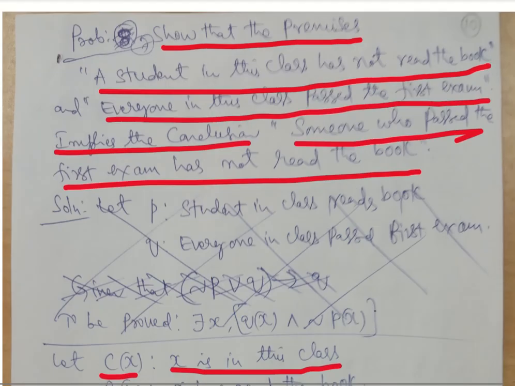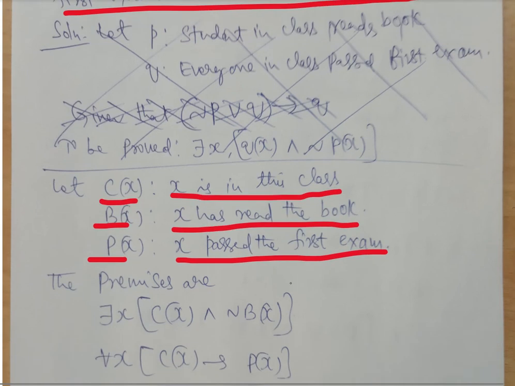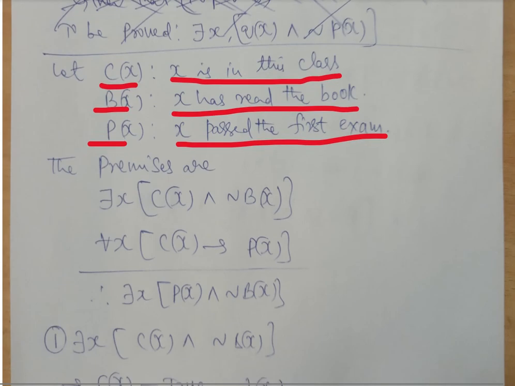Your entire given premise cannot go beyond these three statements: x should be in the class, x has read the book or not, and has passed the exam or not. So based on the given statements, let us represent them in logical form.